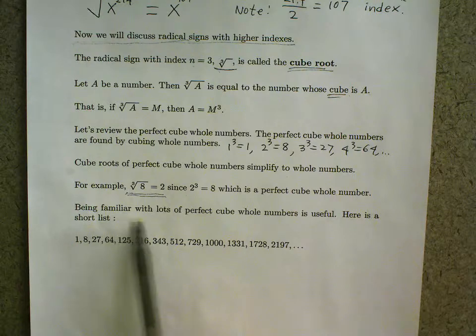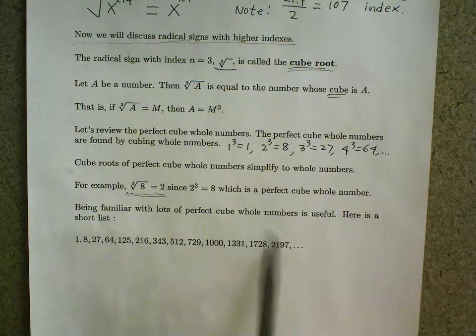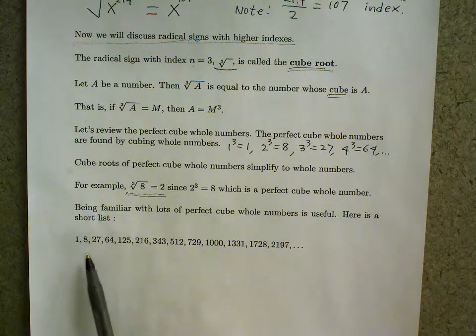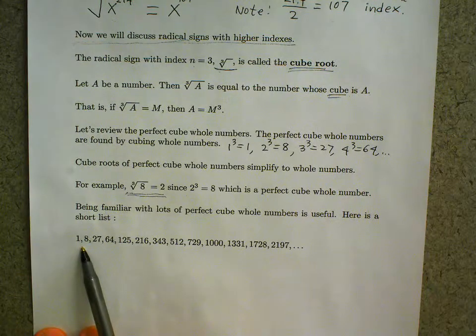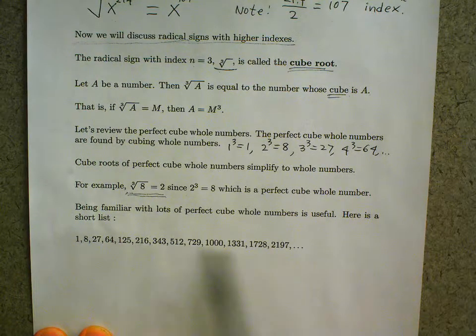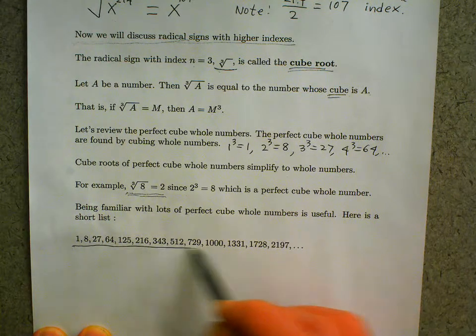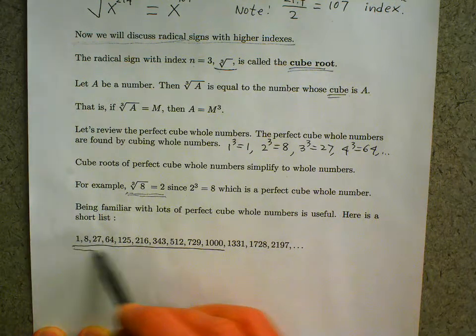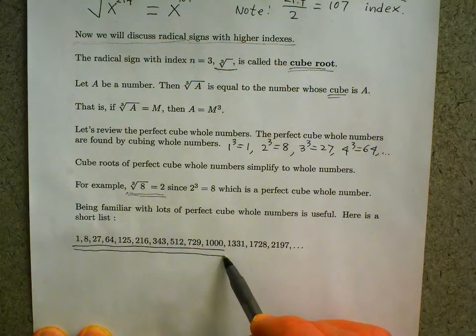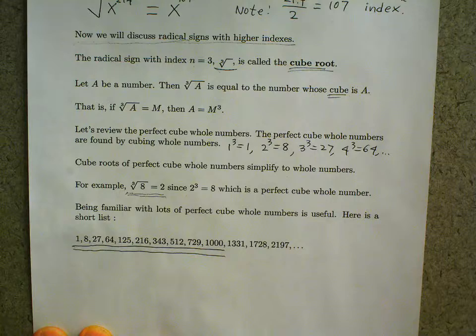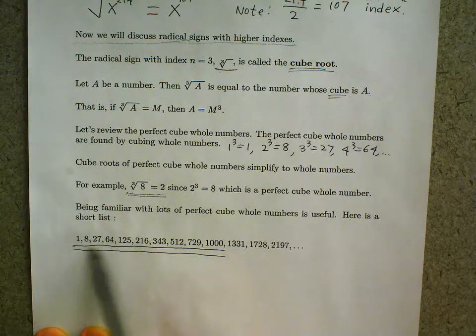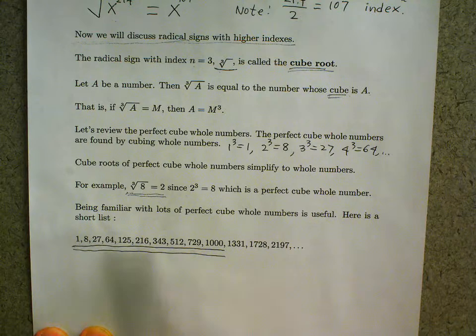Being familiar with lots of perfect cube whole numbers is useful. Here's a short list. So these are the first few perfect cube whole numbers. It shouldn't be that hard to memorize the perfect cube whole numbers up through 1,000. And we'll see a lot of those fairly frequently.